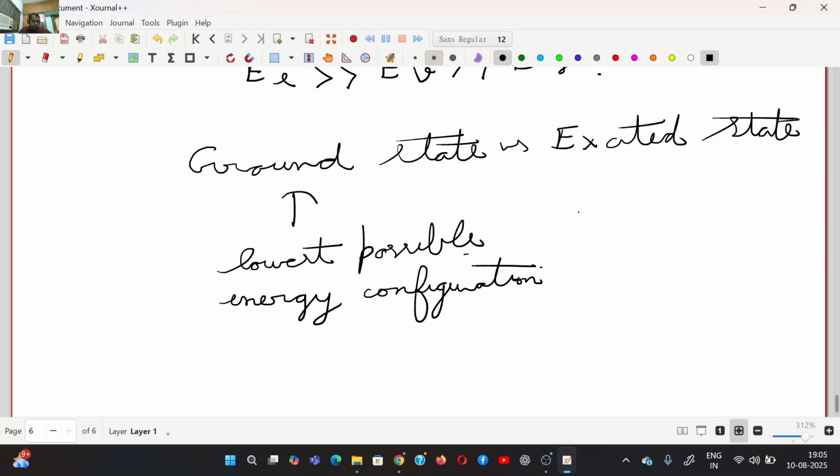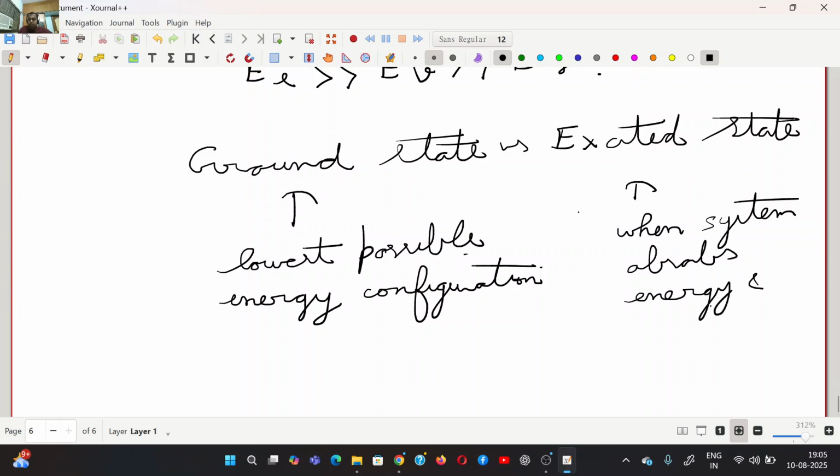By default it is at room temperature. While excited state is when the system absorbs energy and jumps to a higher state. Higher state meaning electronic or vibrational or rotational.